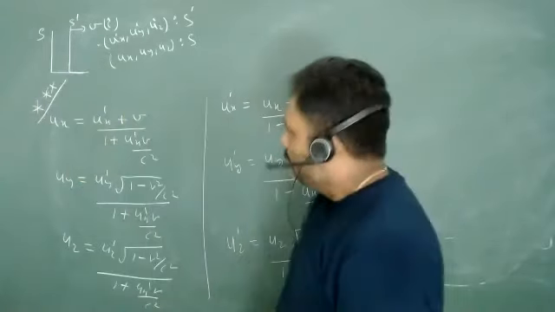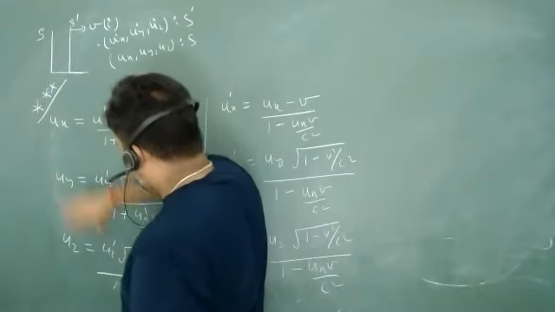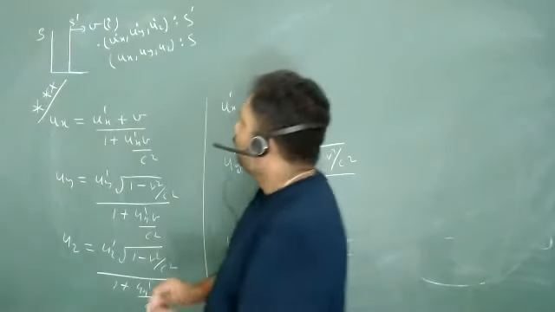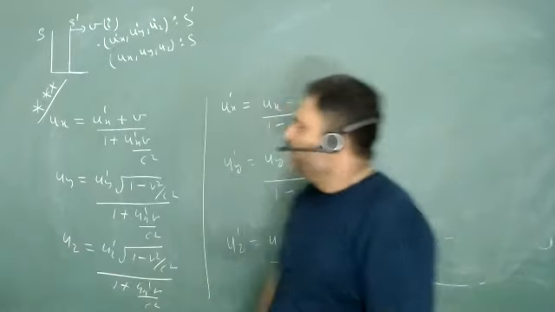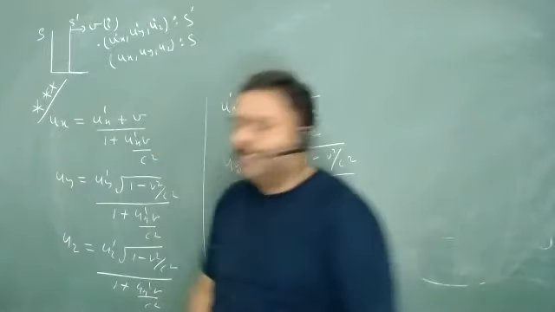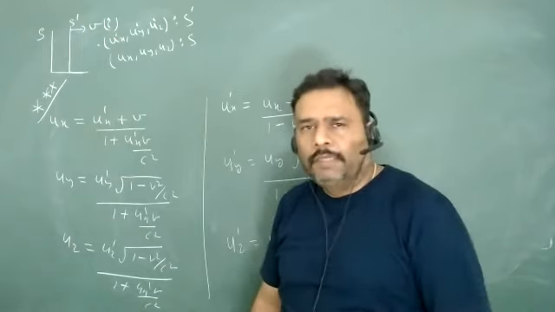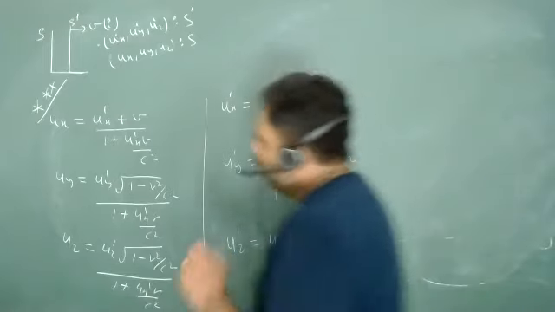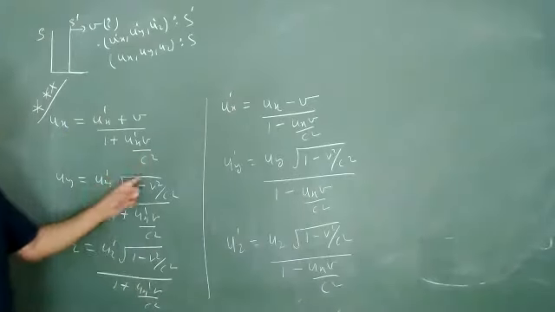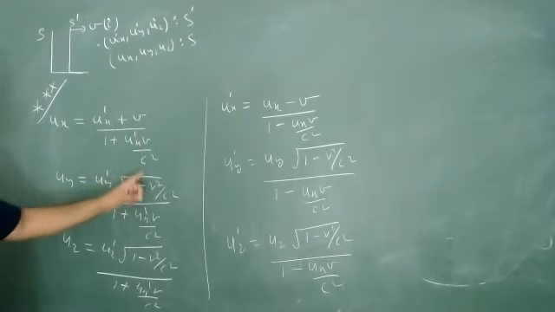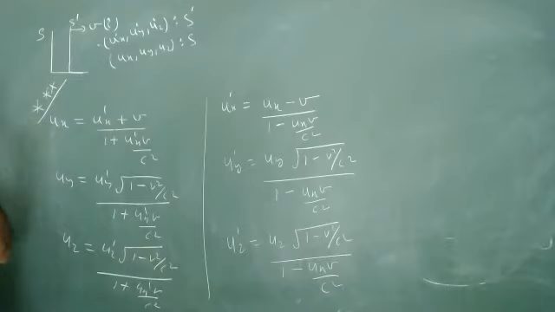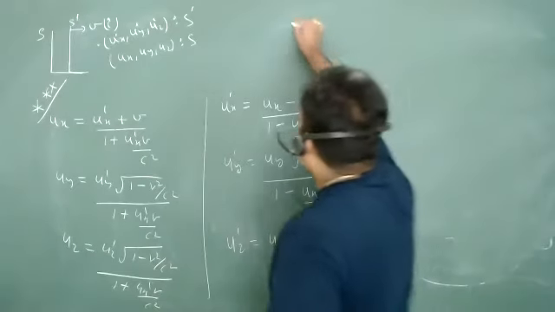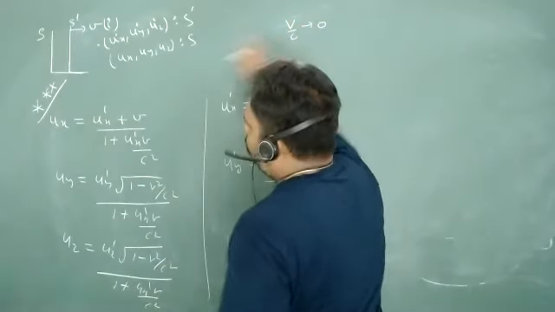Okay. So every time I have ux dash, uy dash, uz dash as known quantities, obviously I have to identify what my v is. V is nothing but the velocity of S dash with respect to S, and I will always calculate ux, uy, uz. You will see that it will be very much an algorithm-based calculation. Now again I am claiming: if v upon c tends to 0 everywhere, what will you see?